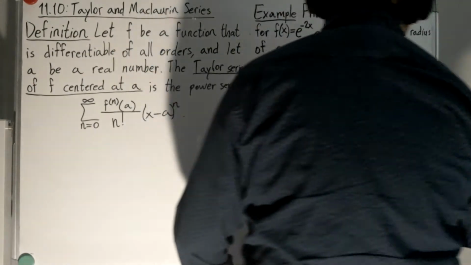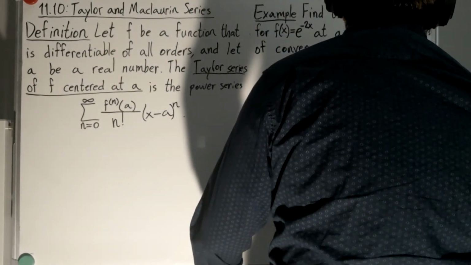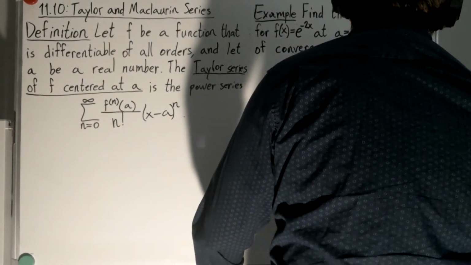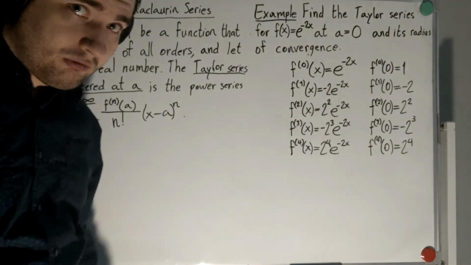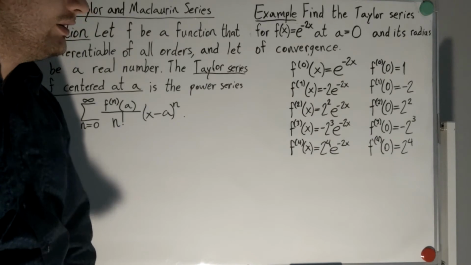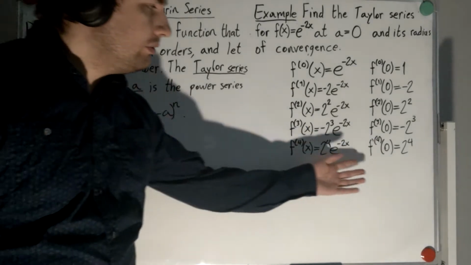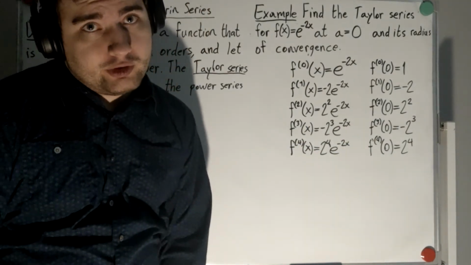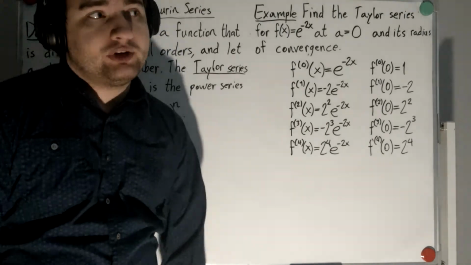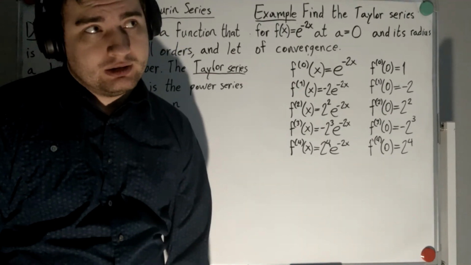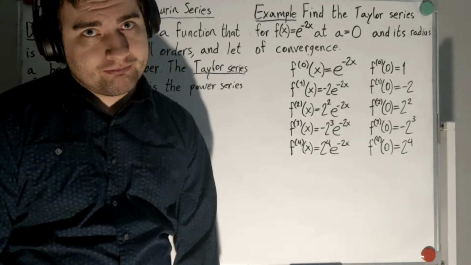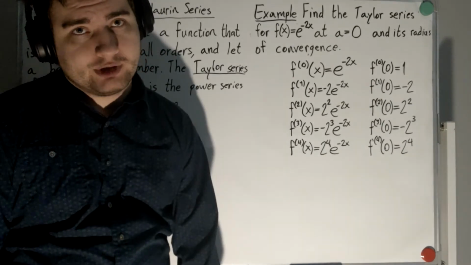Evaluate this at 0, and you get 2 to the fourth. So hopefully you're seeing the pattern at this point. Next term should be negative 2 to the fifth. Term after that is 2 to the sixth. Then we have negative 2 to the seventh, and so on.